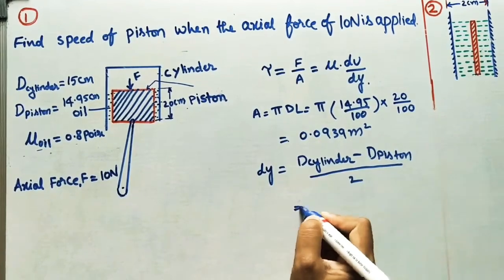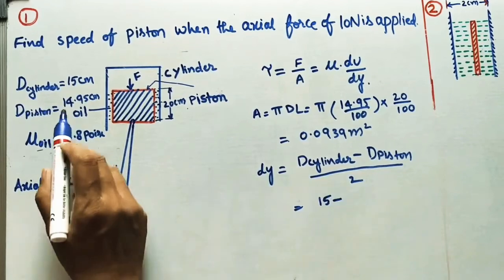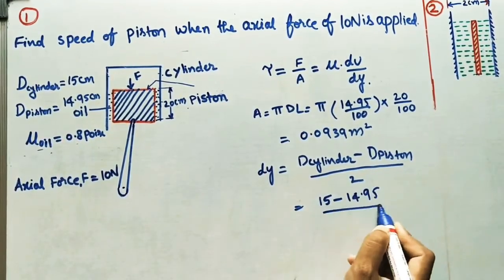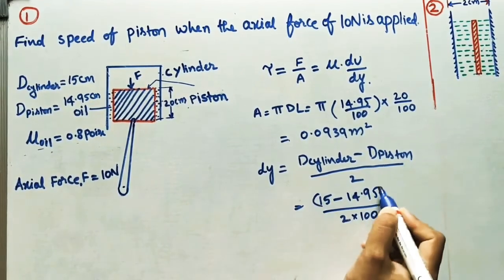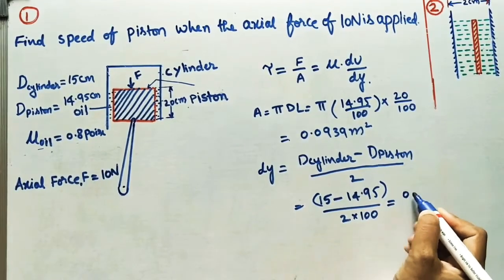These values are given. d cylinder is 15 centimeters minus d piston 14.95, by 2. It is in centimeter, take in meters, so divide by 100 combinedly, we will get the value.